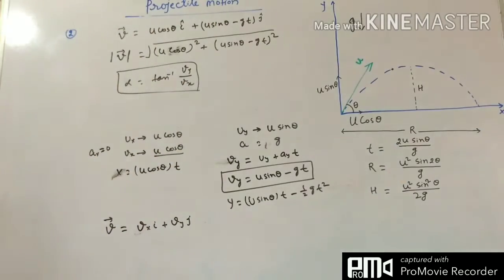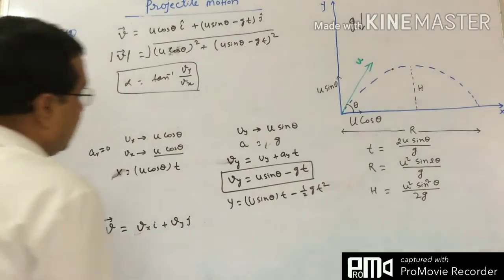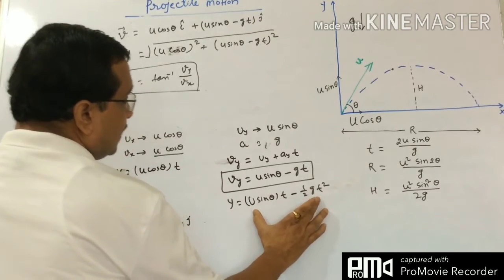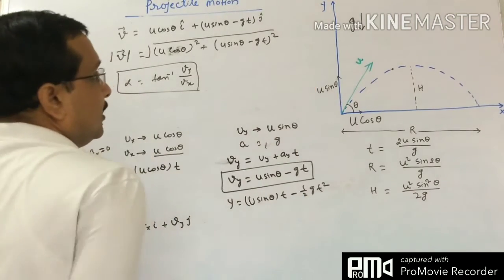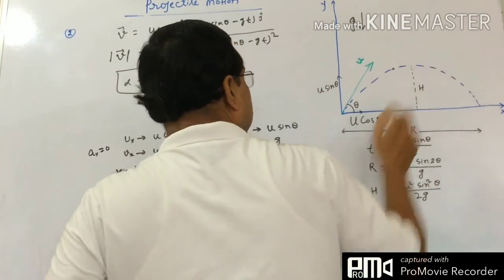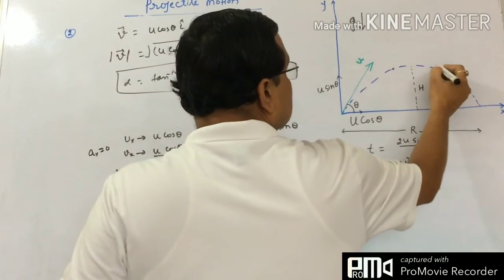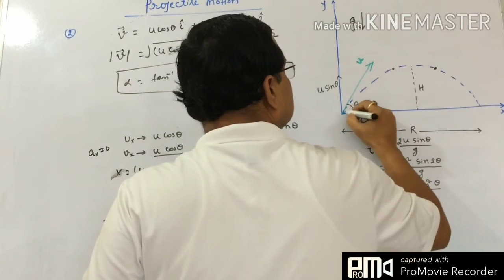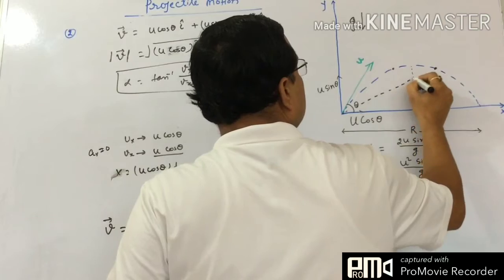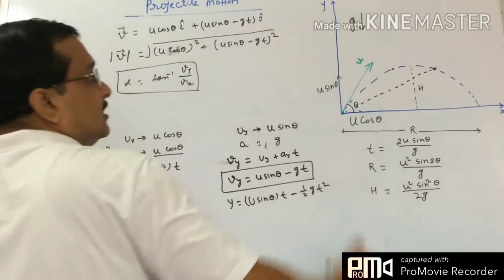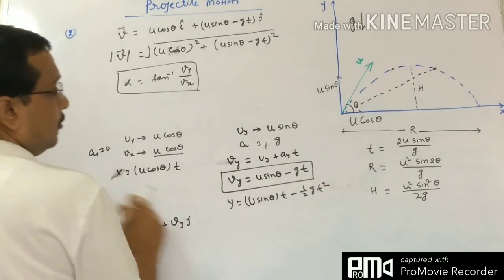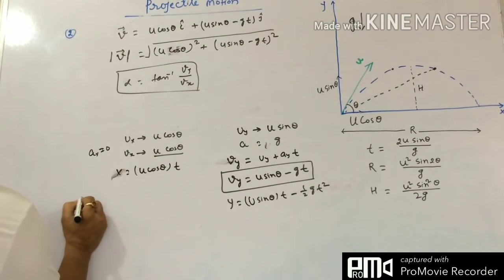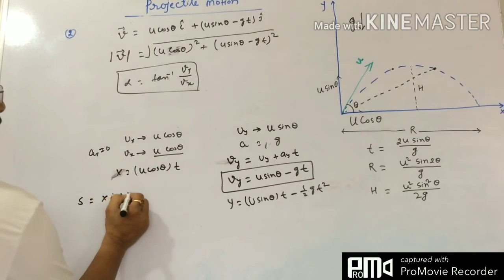If displacement is asked, x equals to u cos theta into t, this is in x direction, and this is in y direction. So the net displacement of the particle, suppose the particle is here, is the straight line distance, and this can be found as s equals to xi plus yj.